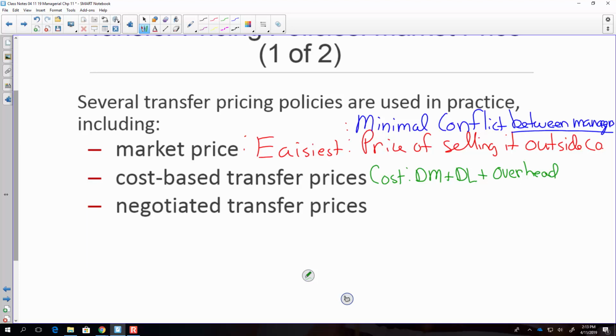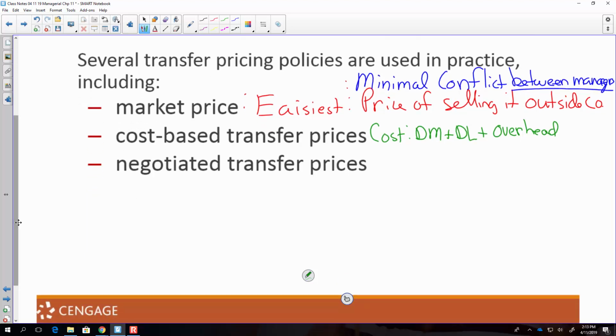So that's our second choice. And then finally, we have the negotiated transfer, and again, this is what both divisions agree upon. Obviously, this is tougher to come up with. It also poses the possibility of more conflict between divisions.